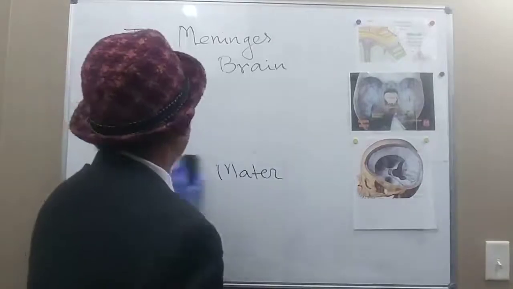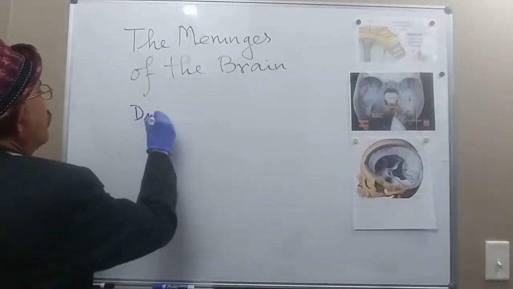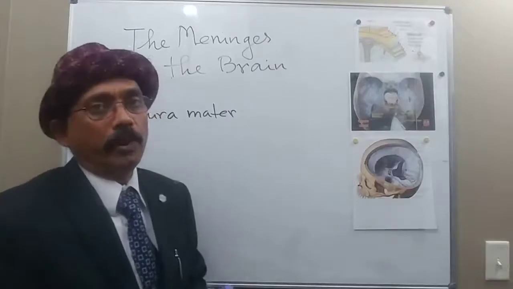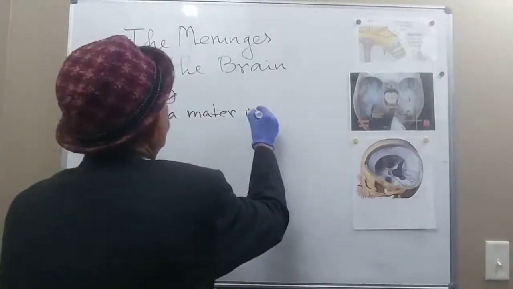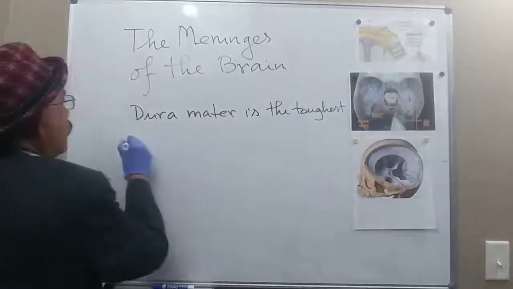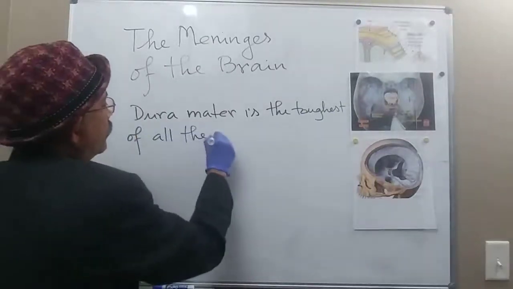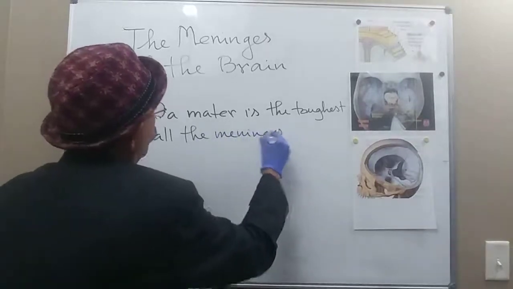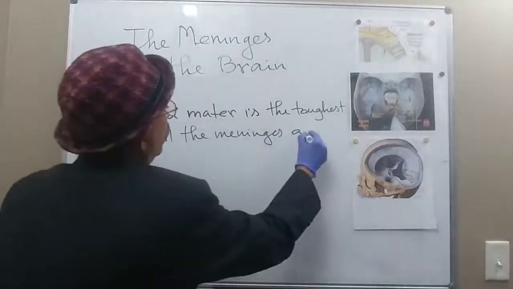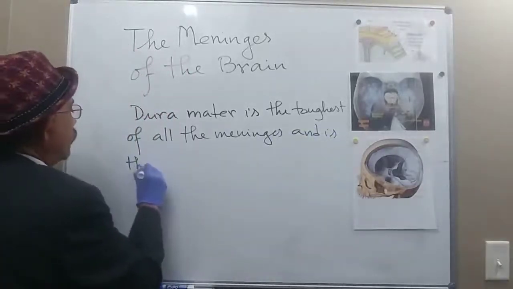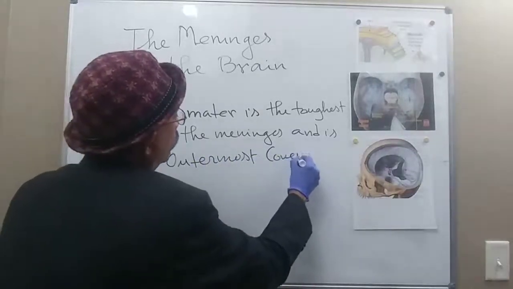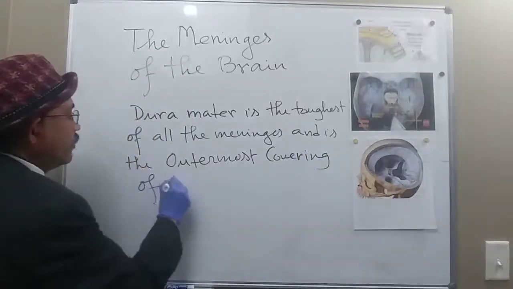So the dura mater is the toughest of all the meninges, and it is the outermost covering of the brain.